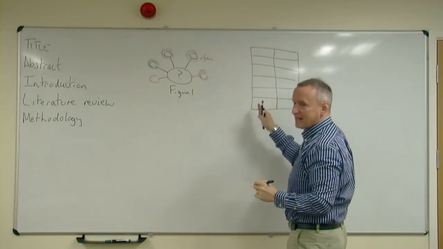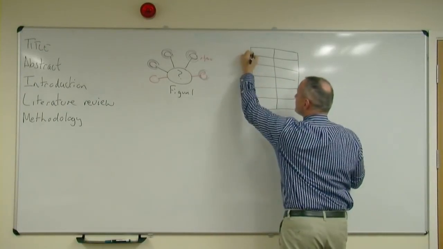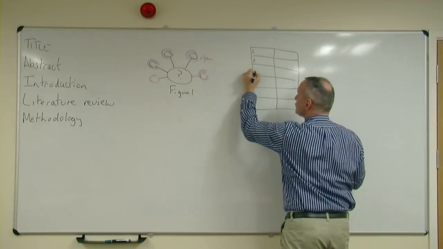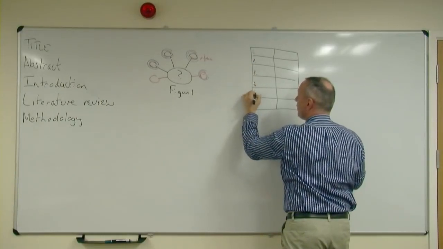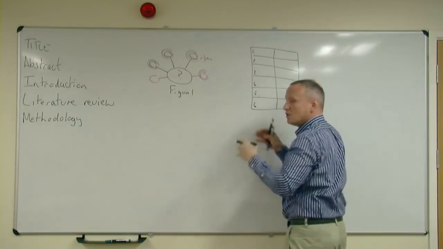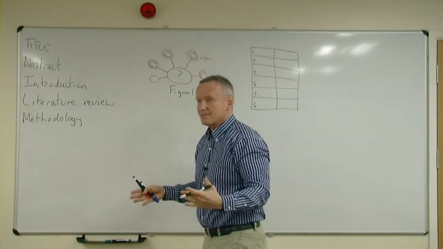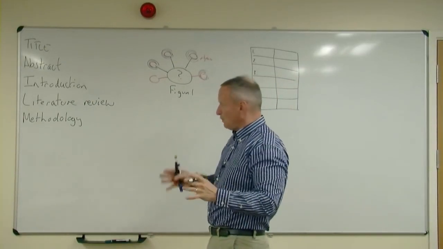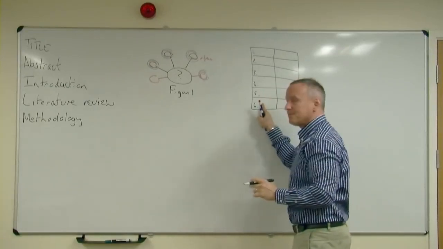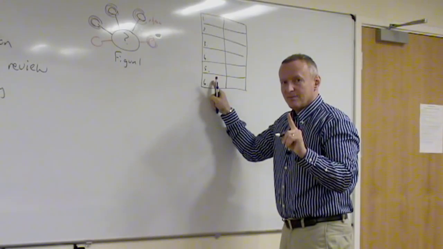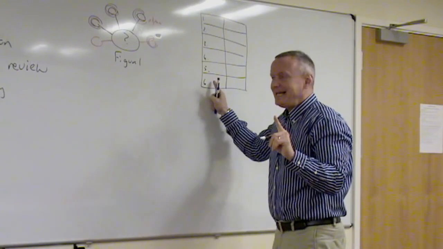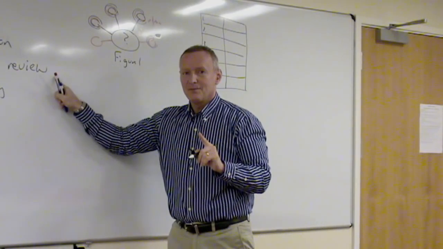On the left-hand side, you will write your questions. Questions 2, 3, 4, 5, 6, up to 15, 20 questions. Now, these can be open-ended or closed questions. However, these questions have to be linked to your literature review.